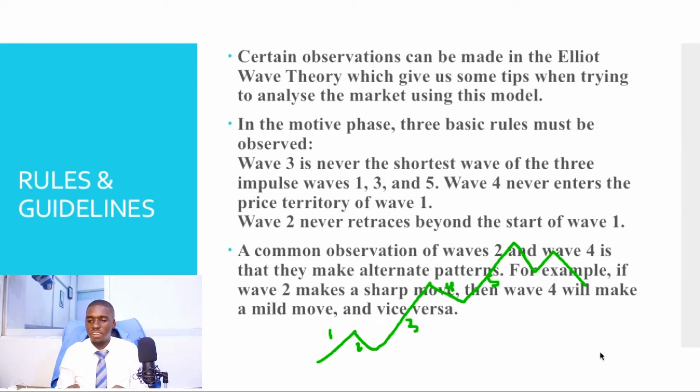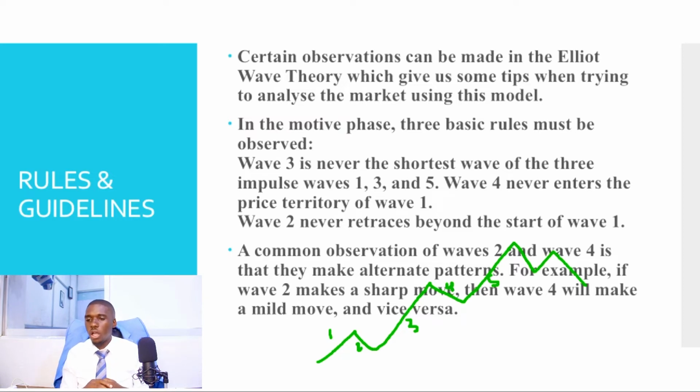So for this first formative wave phase, we actually have 2 and 4 as the corrective waves. So when it comes to the motive phase, we are saying that amongst 1, 3, and 5 of the impulse waves that make up the first motive phase, wave 3 should be the longest wave.